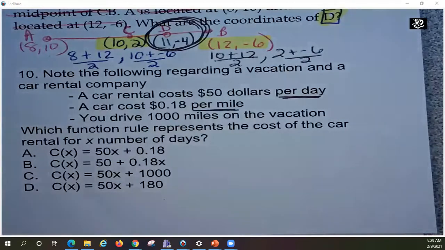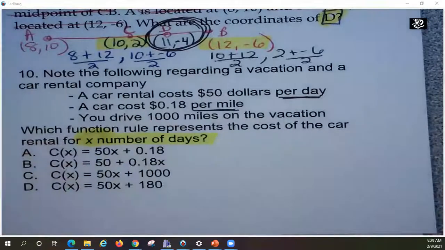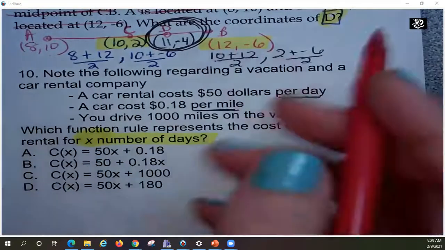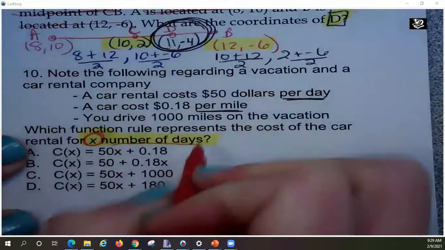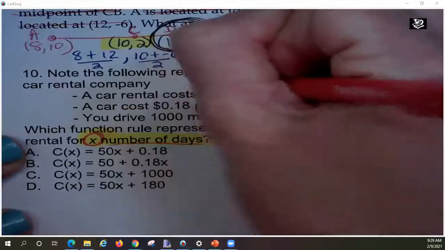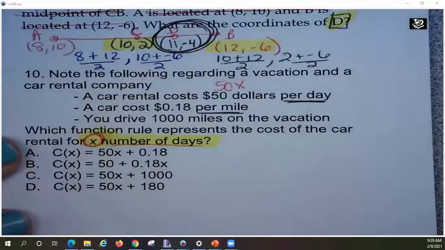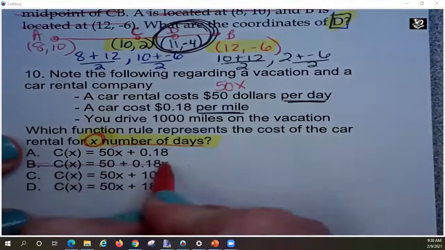Okay, so it tells you that the number of days is what letter? X, okay? So they tell you that they want you to use X for the number of days. So X is days. So 50 has to get the X. So what answer choice can I mark out? B. I can mark out B.